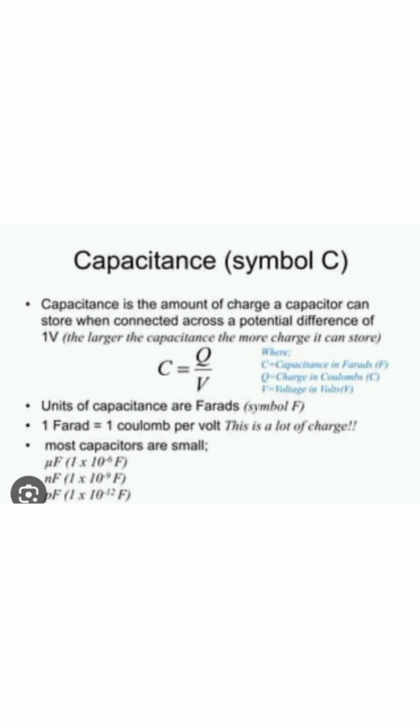A capacitor can store much more energy compared to a battery. Capacitance is the property of a capacitor: capacitance is equal to total charge divided by voltage, and the unit is the Farad.